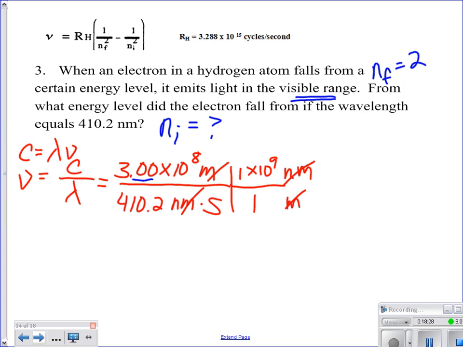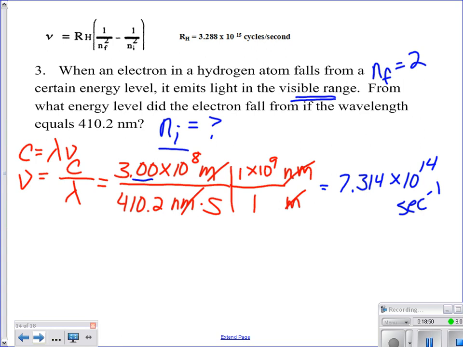So I think I corrected this, but 7.314 times 10 to the 14th seconds to the negative 1.